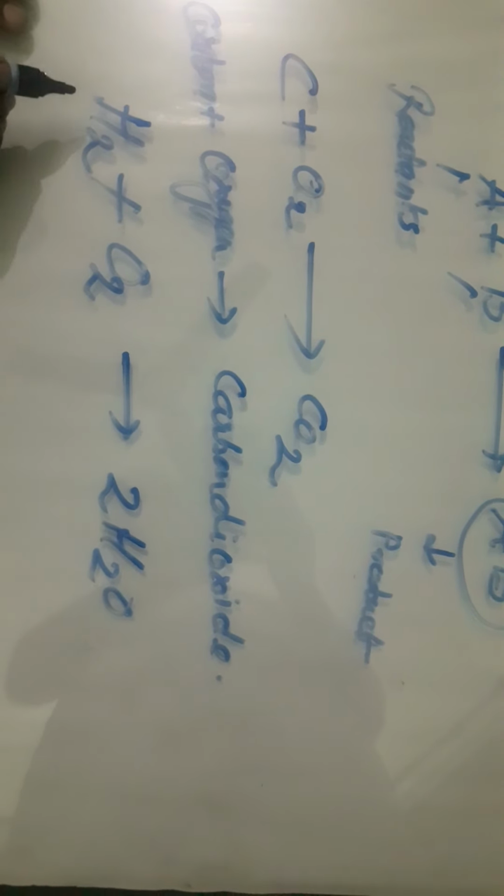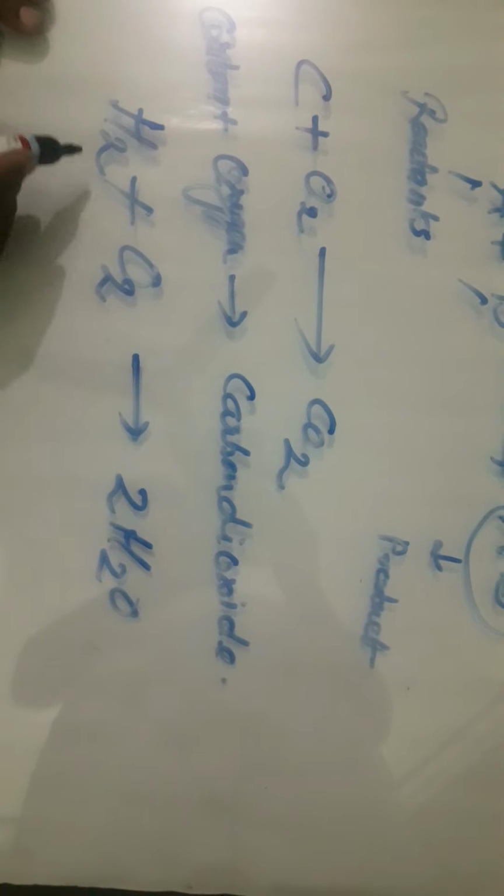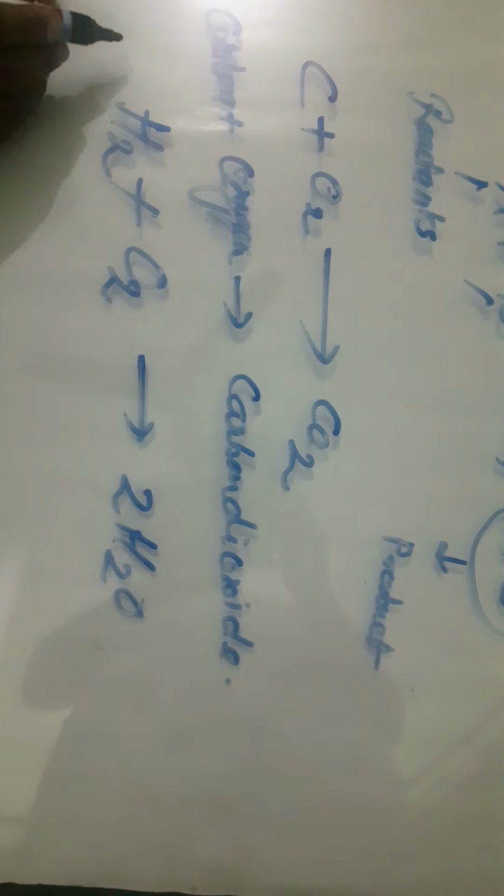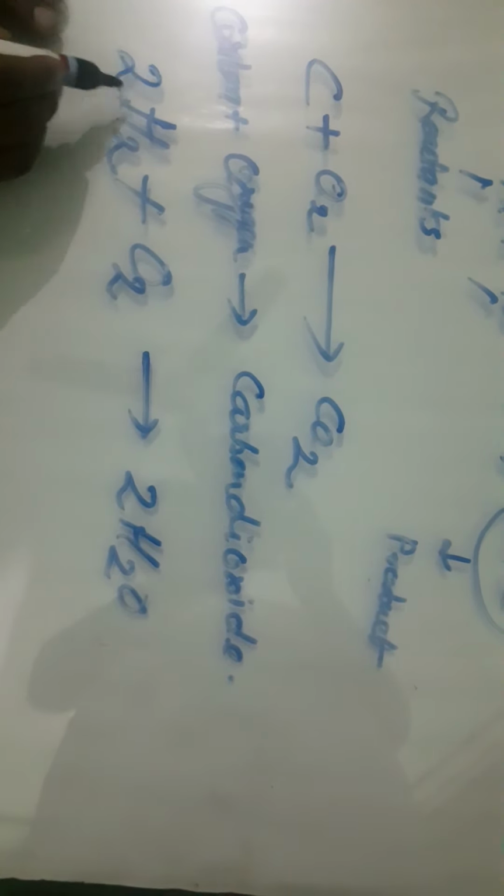We can balance this equation: 2H2 + O2 gives 2H2O. These are the examples of the combination reaction. In all these examples, you can see a single product is formed.